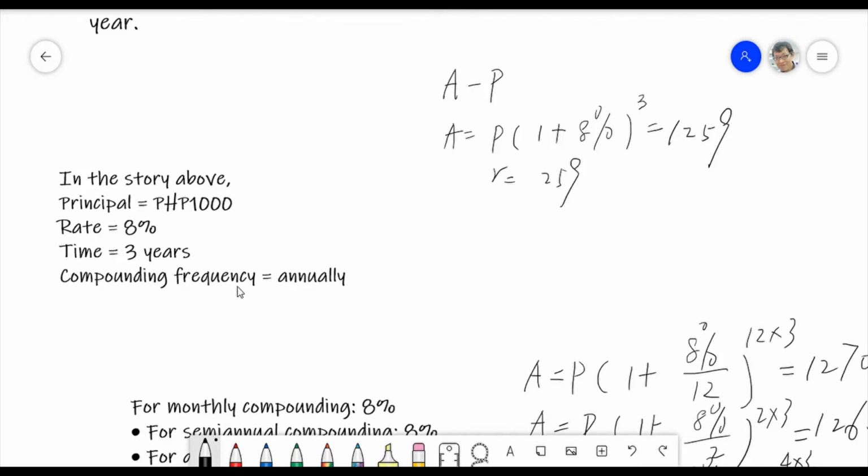What we are doing now is the future value is the principal times 1 plus 8%, and since n is annually, it's just 1. So it's 1.08 to the power of 3 for 3 years. The total is 1,259. If we minus our principal, the interest is 259.